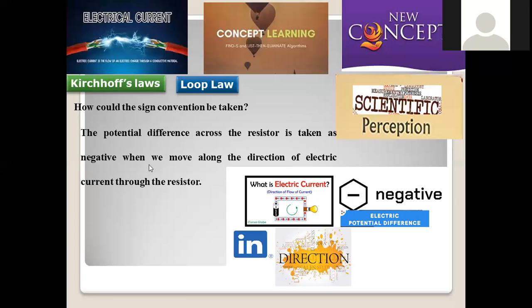So it is taken as negative when we move along the direction of electrical current. If we are moving in the same direction, then the electromotive force is assigned as negative.